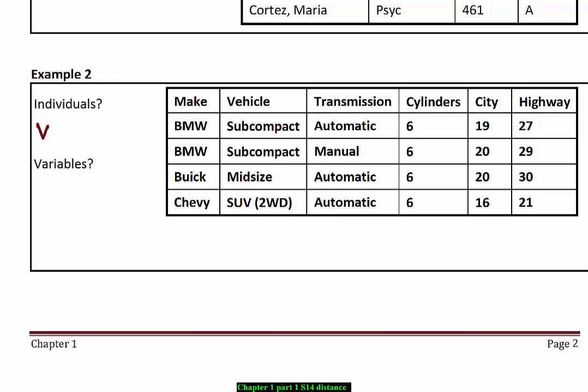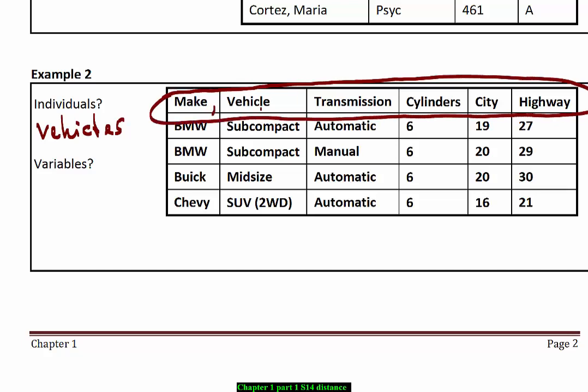This time, it's vehicles. It's not people, it's things. And the variables, I won't waste a lot of time writing them all down. You can see what all we collected variables on. The make, the vehicle type, the transmission type, the number of cylinders, city miles per gallon, and the highway miles per gallon.